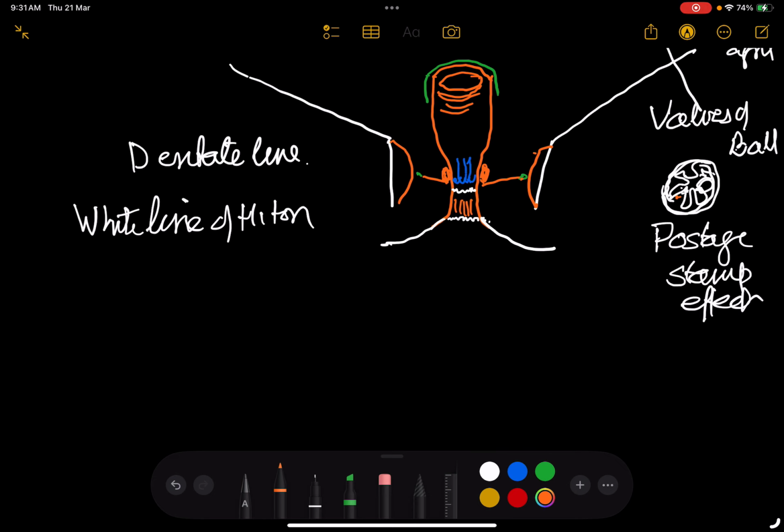And if this is the direction of the rectum and this is the direction of the anal canal, then this pubococcygeus muscle pulls it, thus preventing the stool from entering into the anal canal. So this is the mechanism by which you can control the stool.